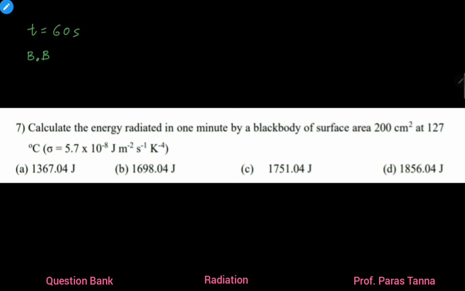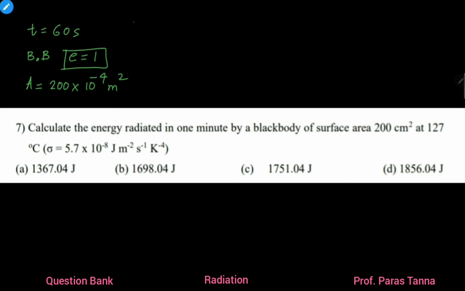Students, time is equals to 1 minute, that is 60 seconds, by a black body. That means its coefficient of emission is equals to 1, small e is equals to 1. Its surface area A is 200 centimeter square, that is 200 into 10 raised to minus 4 meter square.